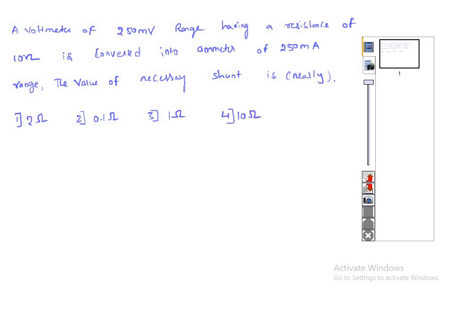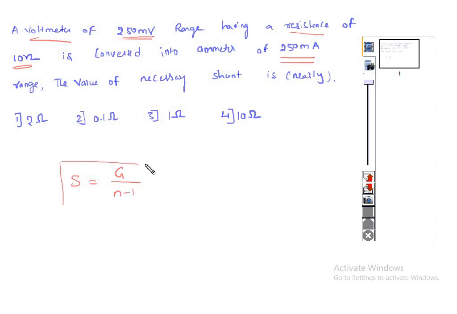So let's understand the question first. A voltmeter: voltage he has given, resistance he has given, current he has given. If you want to protect the ammeter with a shunt in parallel, the shunt value is equal to G by n minus 1.